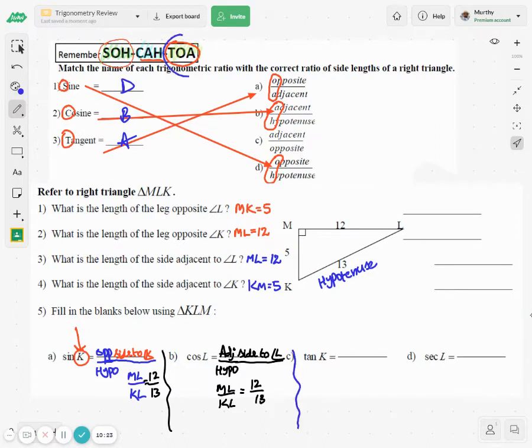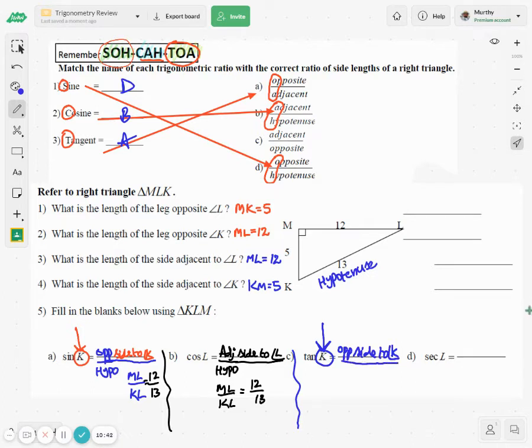So tan means it is Sohcahtoa. Tan equals opposite over adjacent. So it is opposite side to, as I suggested before, please do include this letter in the statement.